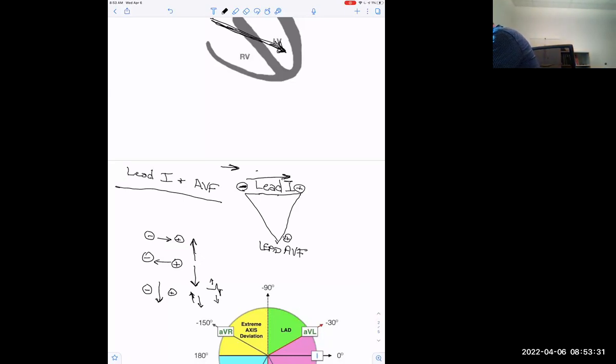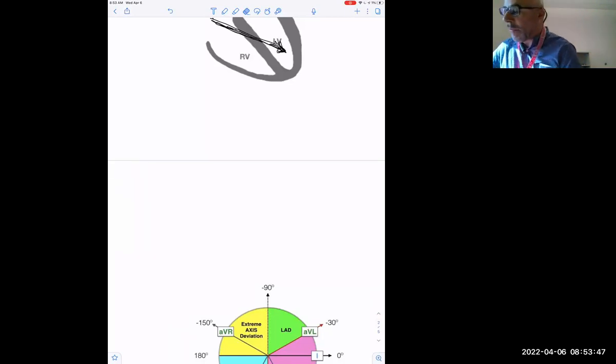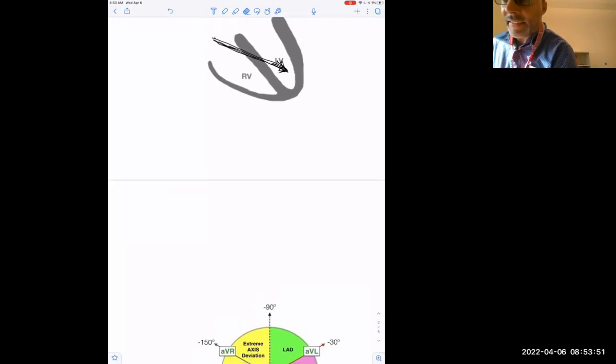So now let's apply this to determining a vector on EKGs. And I use these two leads intentionally. These are the two leads we're primarily going to look at to determine axis in an EKG.